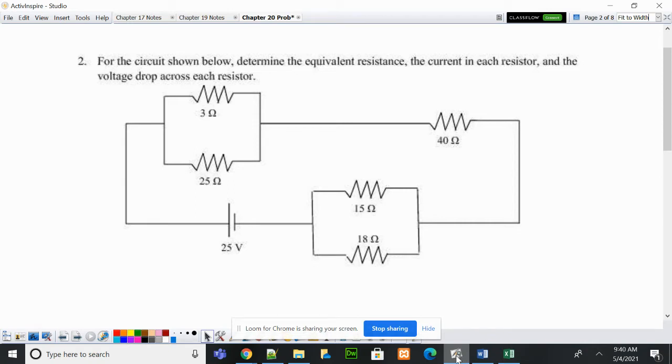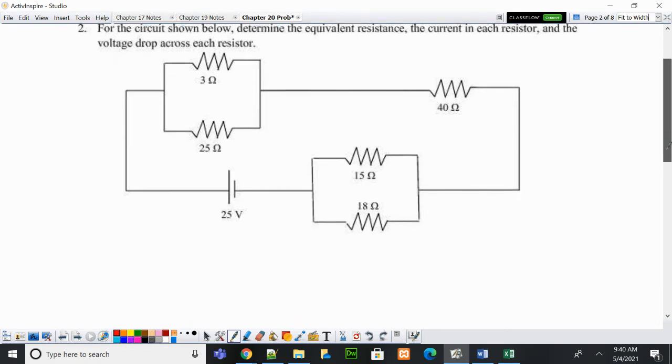What I see right here is two resistors that are in parallel. Now I need to combine those two resistors to see what their equivalent resistance is, and then when I redraw it, I'll just draw it as one. So I want to find the equivalent resistance of the 3 ohm and the 25 ohm.